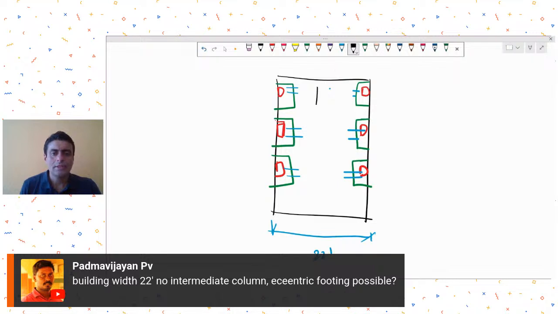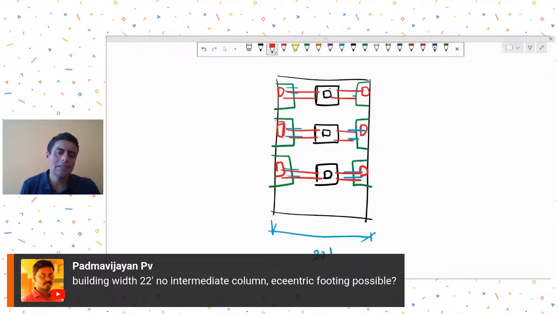So my suggestion in this case would be that you have a stub column. Stub column means a column that will only continue till your plinth level. Then you provide a tie beam to this. So at least this top column will carry some weight because of the load transfer from your plinth slab. It will help the tie beam to hold it down.